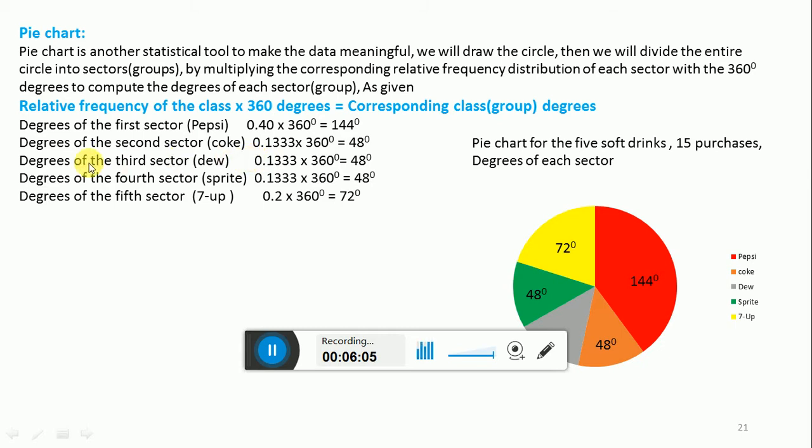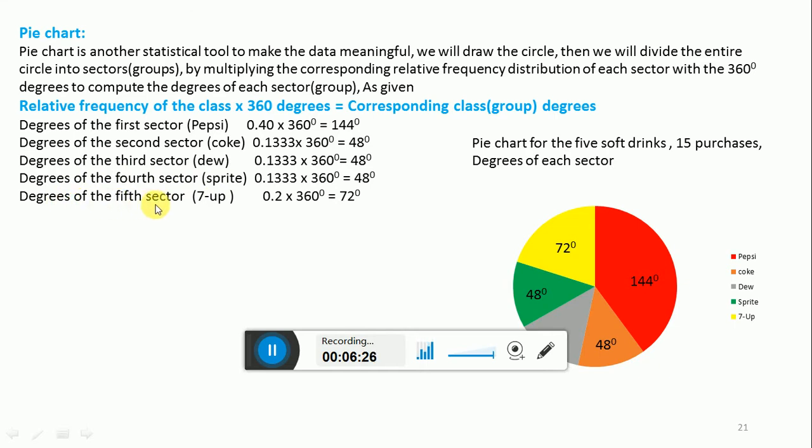Again, degrees of the third class, Dew: relative frequency of the class Dew, 0.1333, multiplied by 360 degrees is equal to 48 degrees. Degrees of the fourth class, Sprite: 0.1333 multiplied by 360 degrees is equal to 48 degrees.